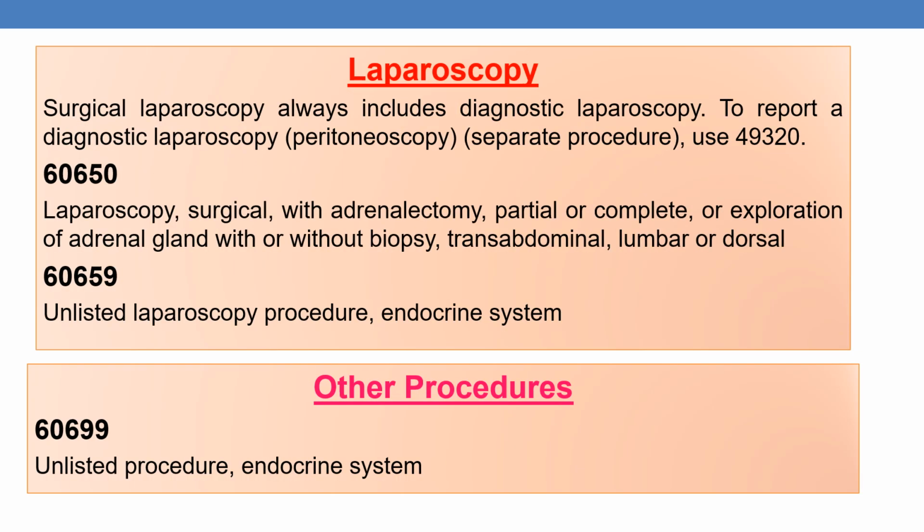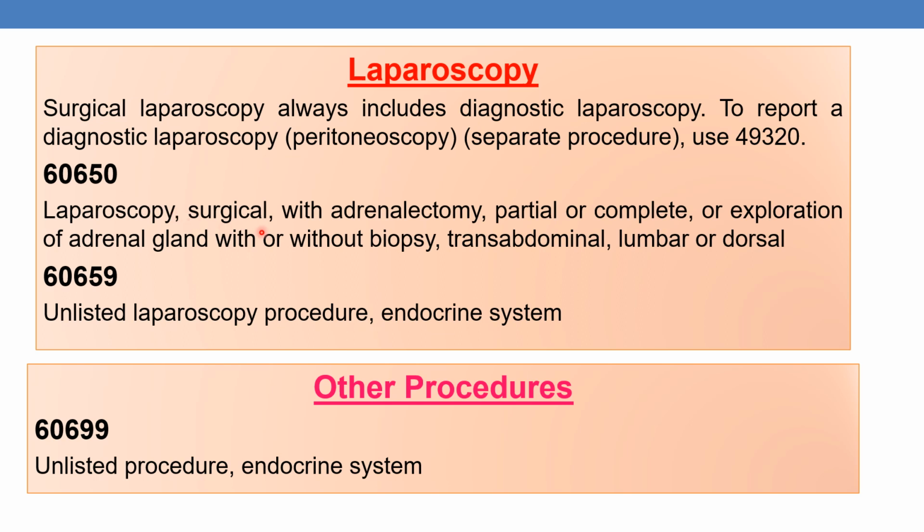Now coming to laparoscopy CPTs. The surgical laparoscopy always includes diagnostic laparoscopy. To report a diagnostic laparoscopy, peritoneoscopy, separate procedure, you need to use 49320. So coming to here, the CPT is 60650.